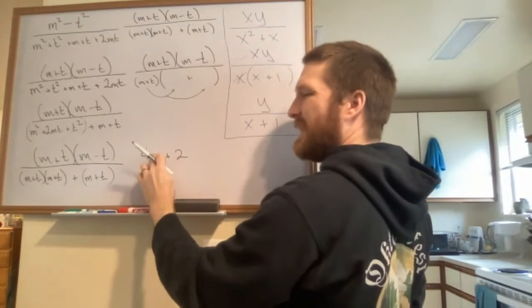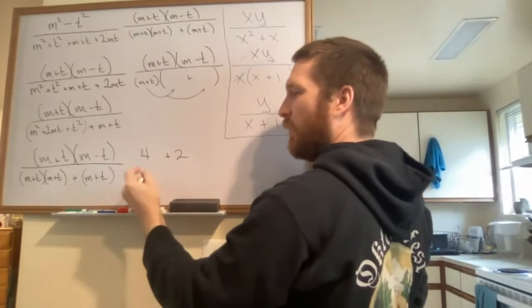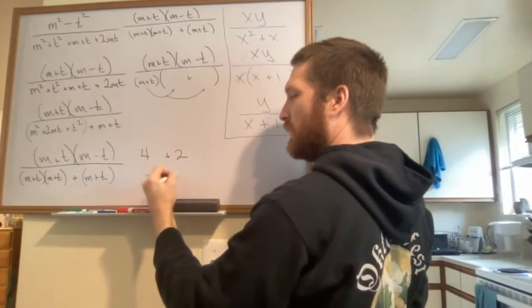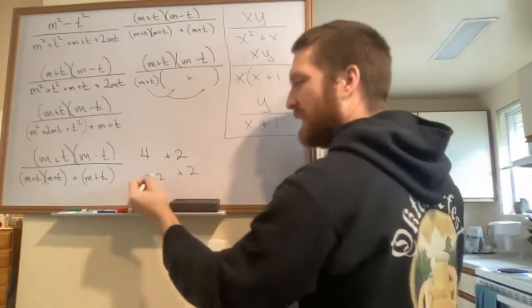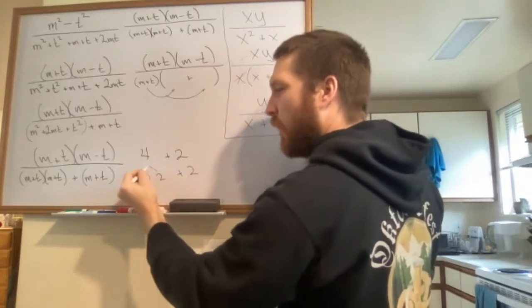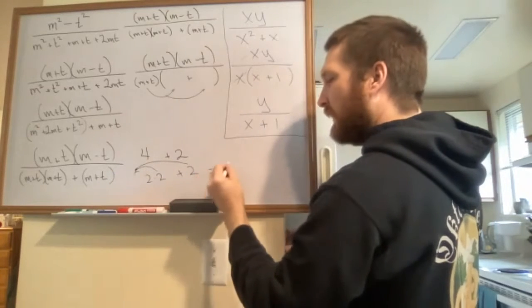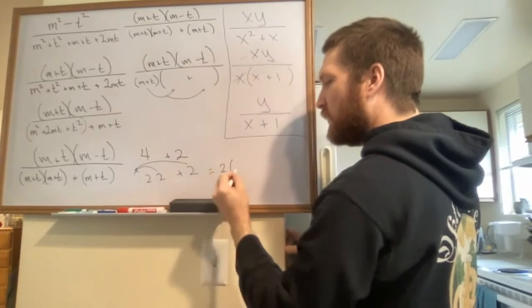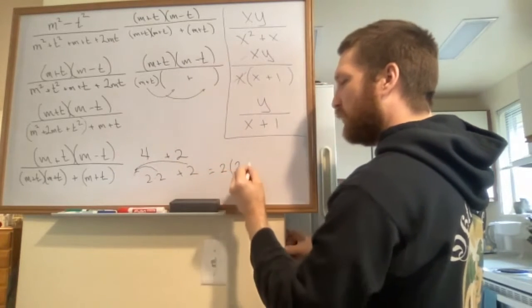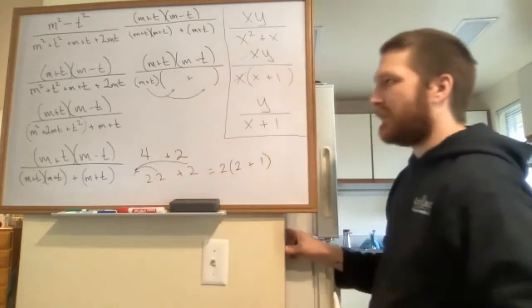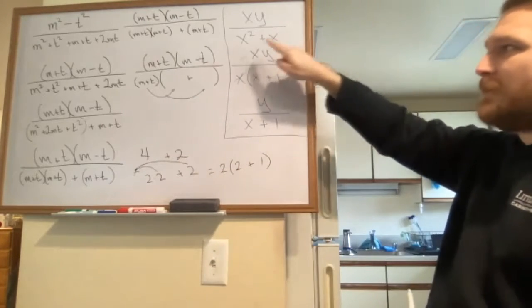Just kind of forget the x's there. What we have is 2 times 2 plus 2. And what we did is we factored out one of the 2's from each one of these. And what we were left with was a 2. One of the 2's stayed put, and we were left with a 1 like that. Same thing is happening here.